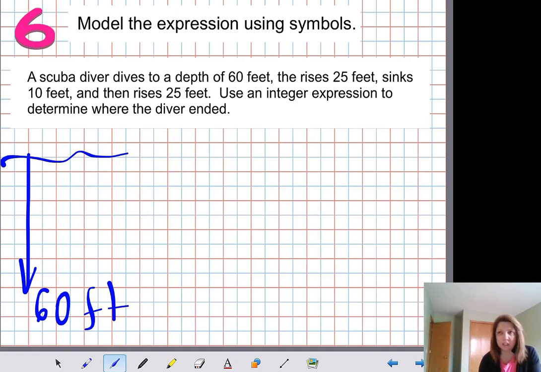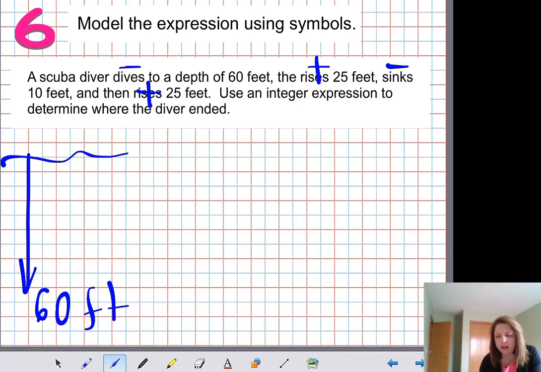So what happened when it sinks and rises? When something rises, it goes plus, right? We're going up. But if it sinks, it's going down. And when it dives, also it's down. So above those words, dives, I will put minus because it goes down. Then it rises because it goes up, plus, sinks again, it means go down, negative, and rises again, it will be plus.